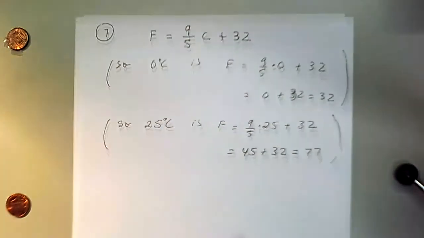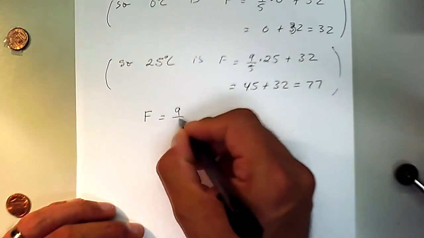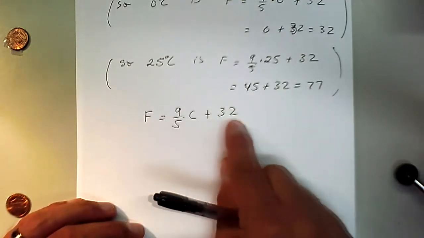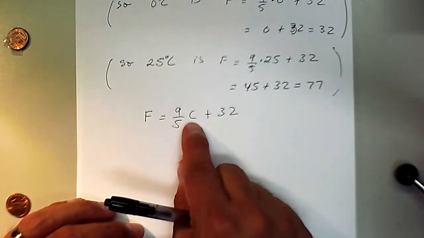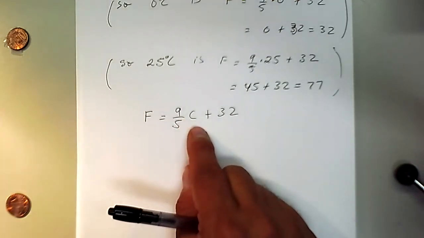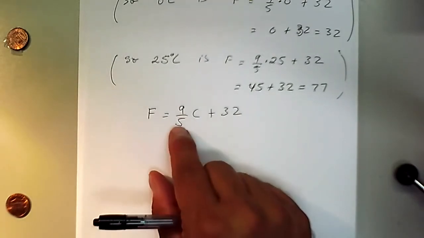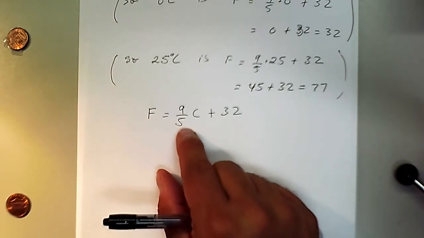So, I'm going to rewrite this equation here. F equals 9 over 5 C plus 32. And now we want to solve for C. So little by little, we have to get the C by itself, all by itself, nothing else but C. Well, denominators are a little bit of a complication.